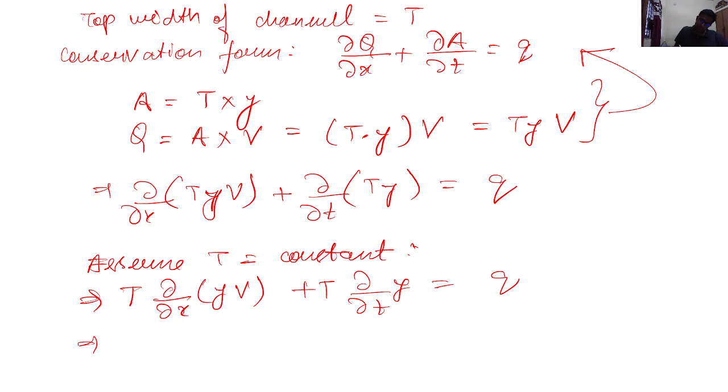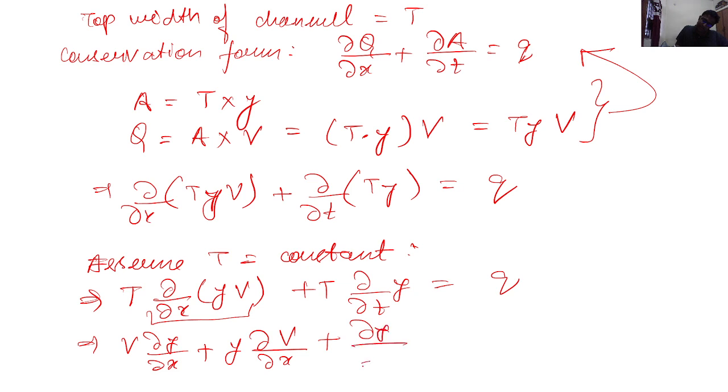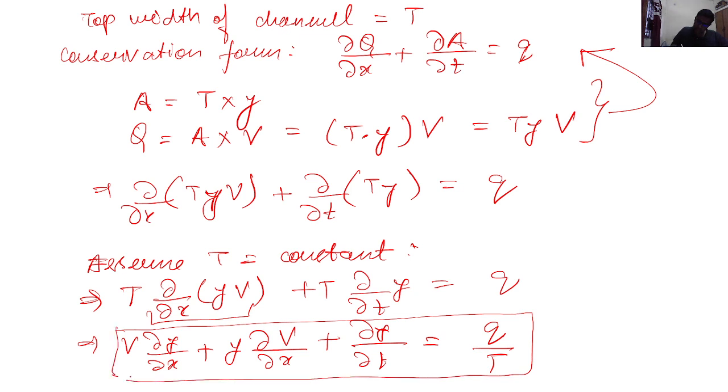So after performing the product rule, this would give us V times del y by del x plus y times del V by del x plus del y by del t is equal to q by T. So this is the final formulation in case the top width is given in our problem.